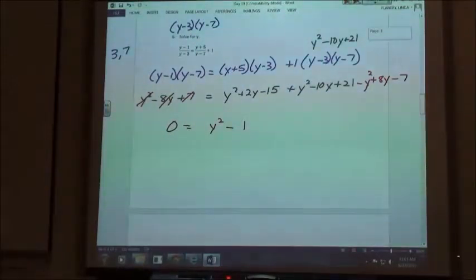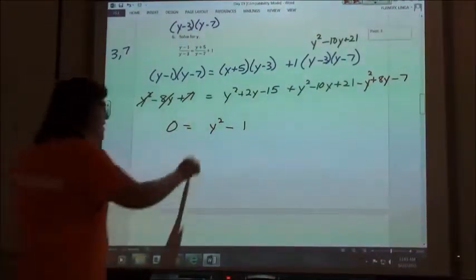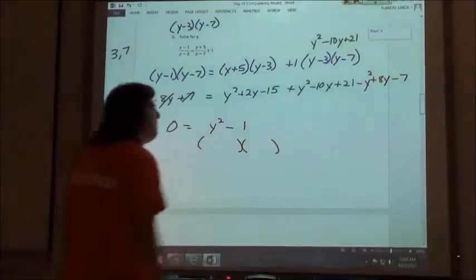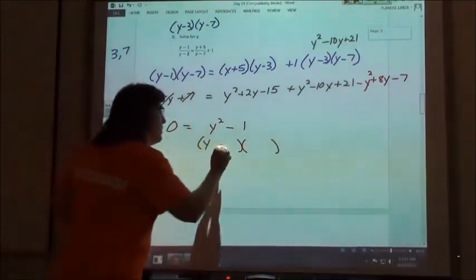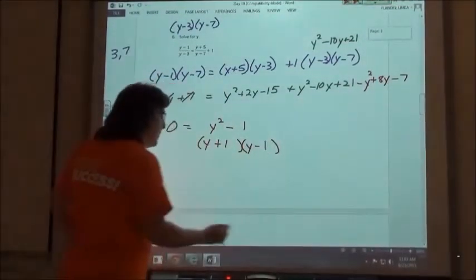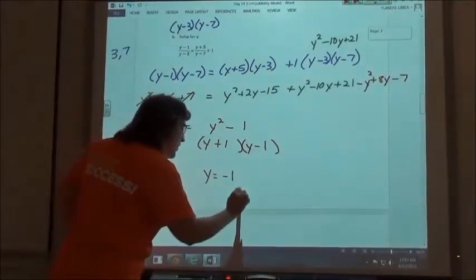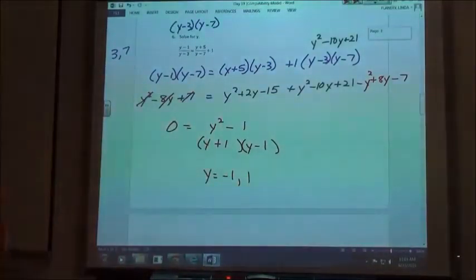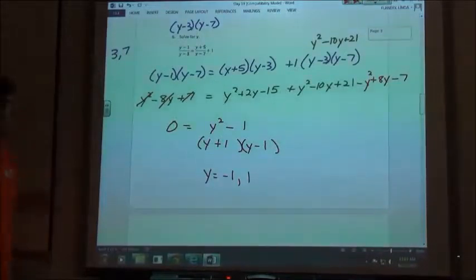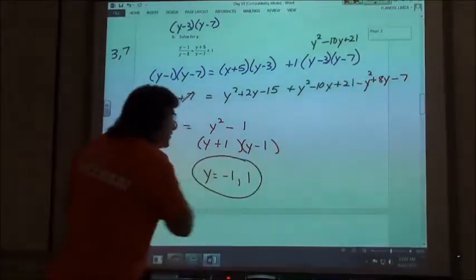And hopefully you recognize that as the difference of squares. How does that factor? Y plus 1 and y minus 1, and that means my two answers would be negative 1 and 1. If I look, doesn't match either of my restrictions, so those should be all right.